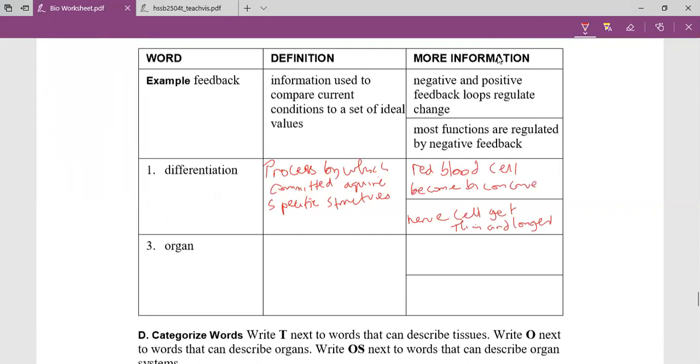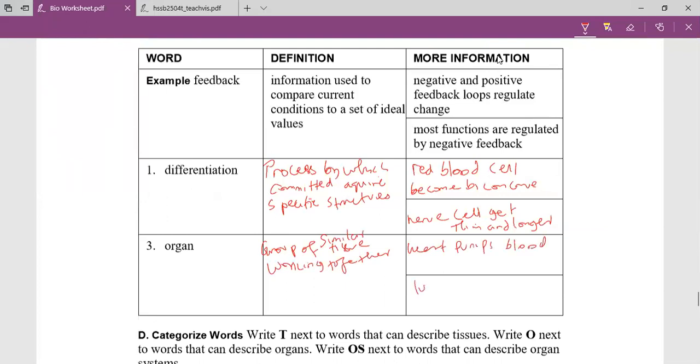Organ: a structure composed of a group of different tissues working together. Example, the heart pumps blood.